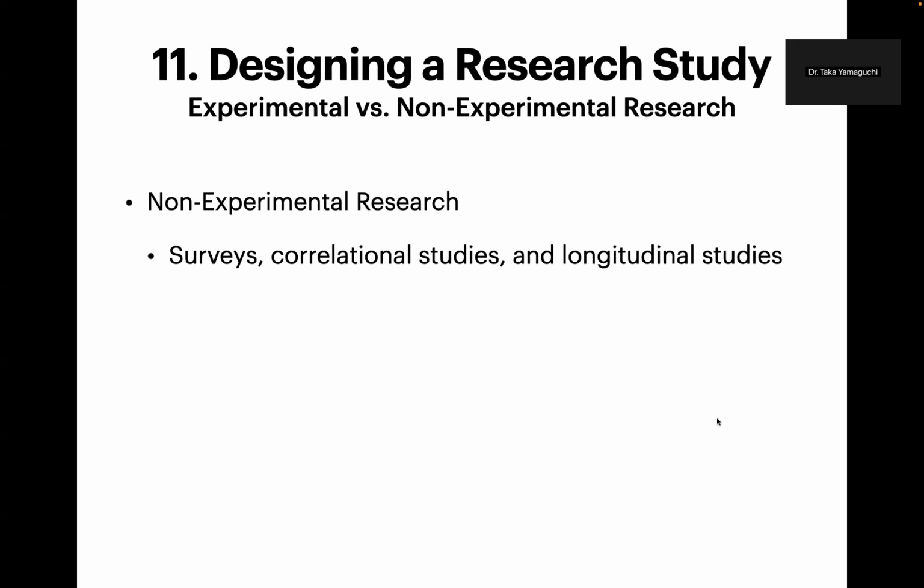In non-experimental research, on the other hand, researchers do not manipulate any variables. Researchers interested in describing characteristics, relationships, and predictions can use non-experimental research. This approach involves measuring variables as they naturally occur without manipulation.